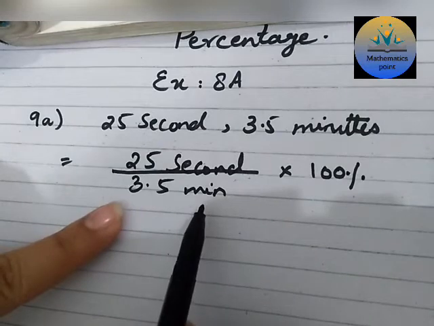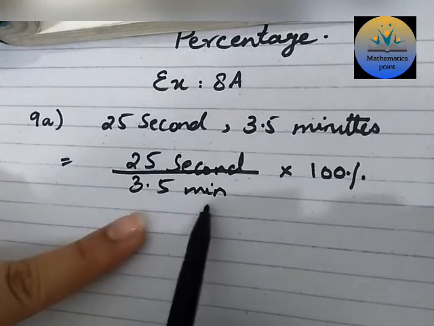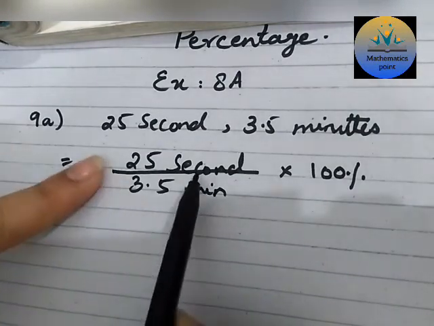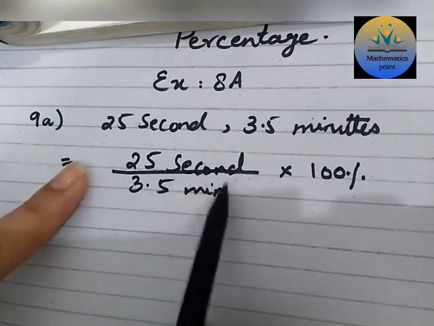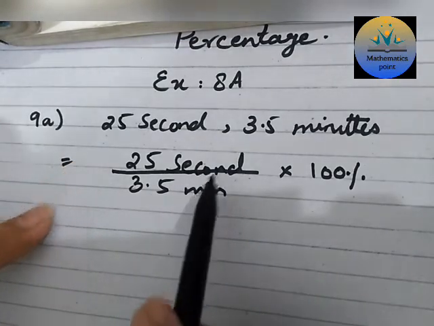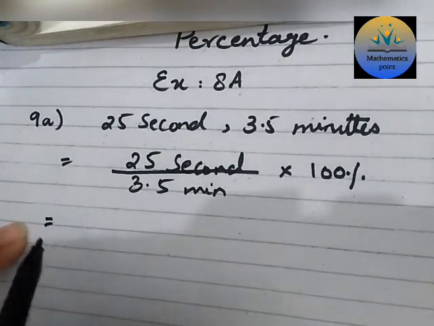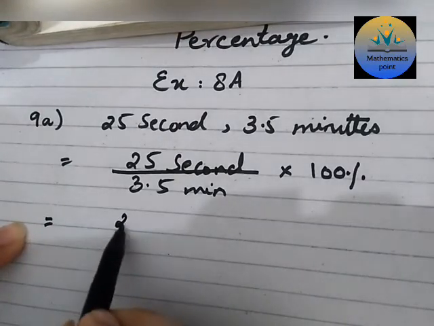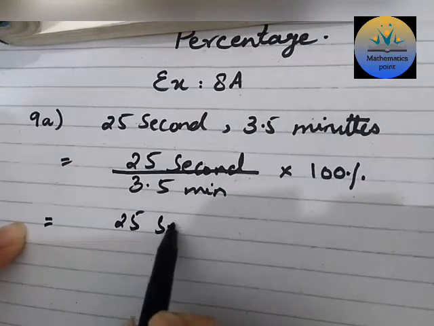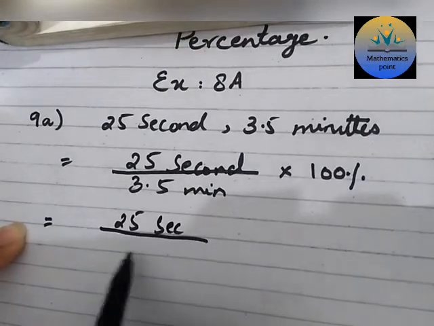You can easily see that the denominator quantity is in minutes and the numerator is in seconds. So firstly we make the units of the numerator and the denominator the same. I am going to convert the denominator into seconds.